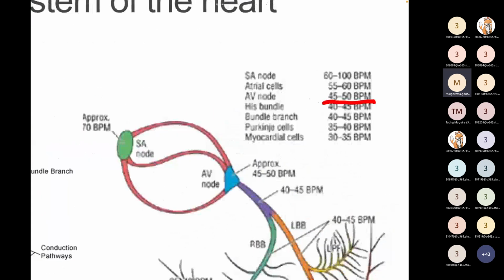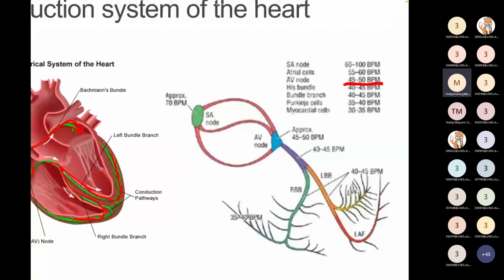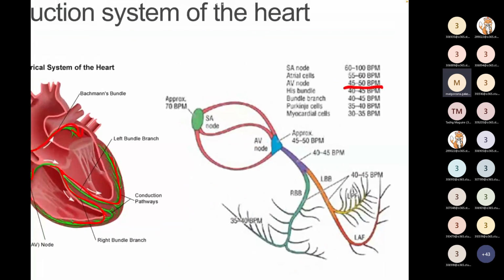As you can see over here on this graph, the bundle of His, the left and the right bundle of His, also have pacemaker cells which can generate action potentials. However, the frequency of generated action potentials is very low. In the case of the bundle of His, it is around 40 to 45 beats per minute.